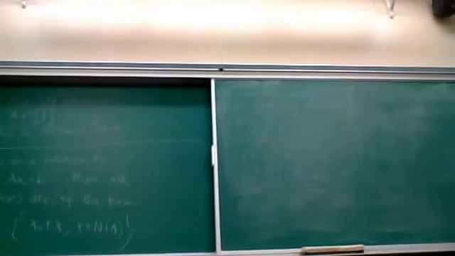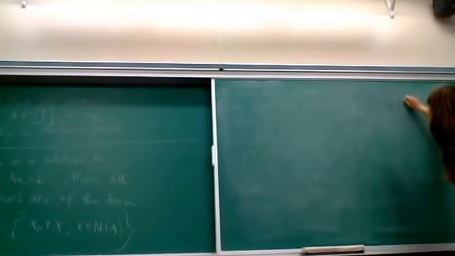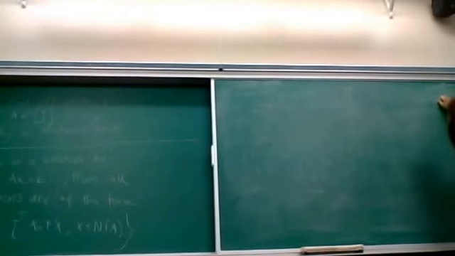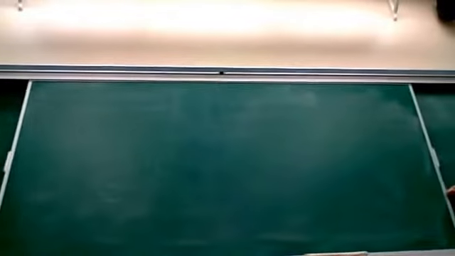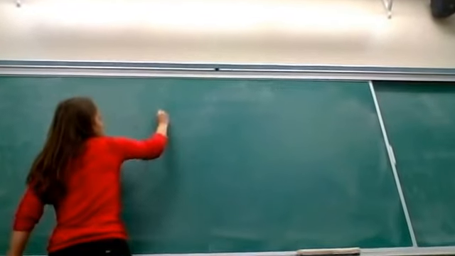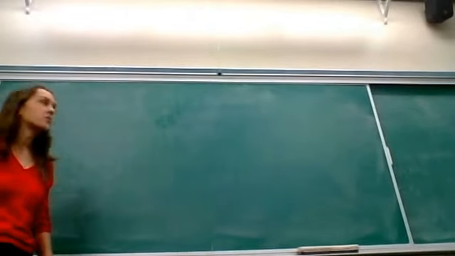Okay, so 1, 0, 0 is one solution. So how do we get all other solutions? We have to add elements from the null space, and over here I wrote down what the null space is. So this is one solution, and to get all solutions, we just add elements from the null space.